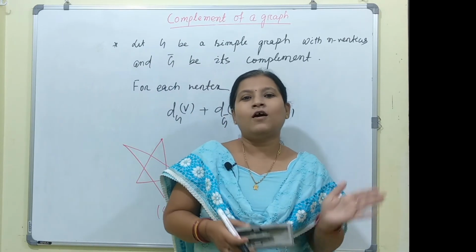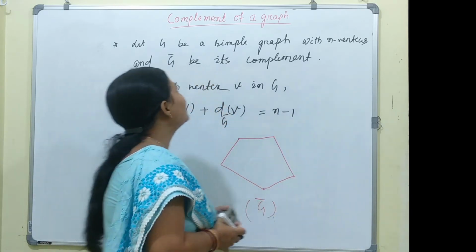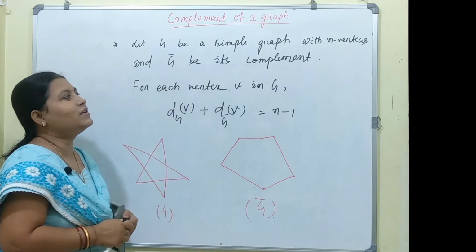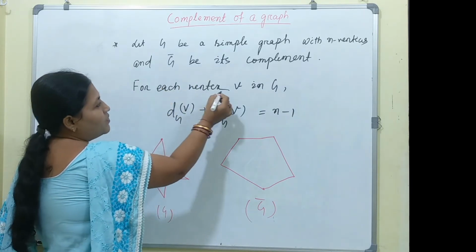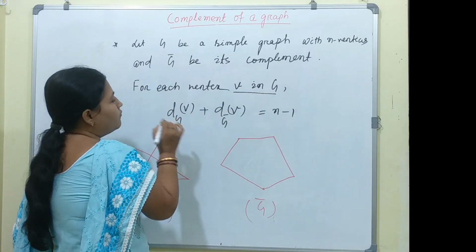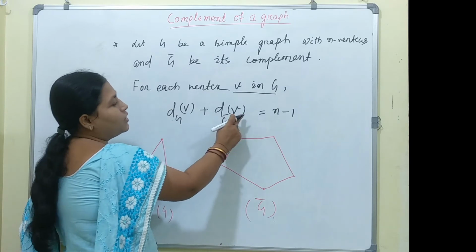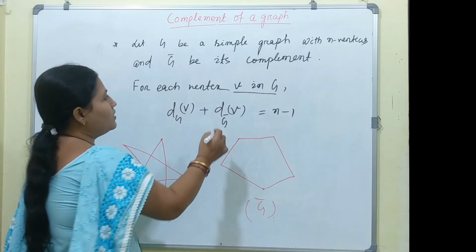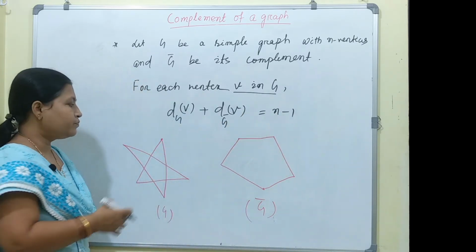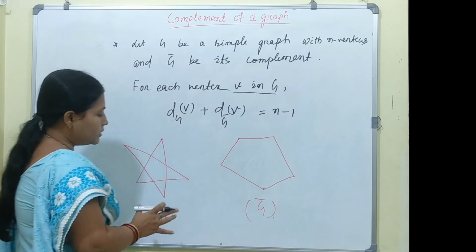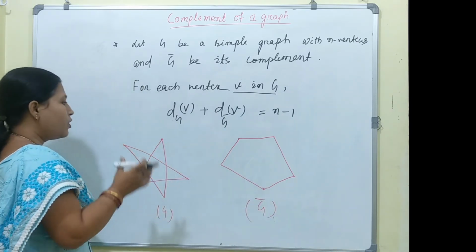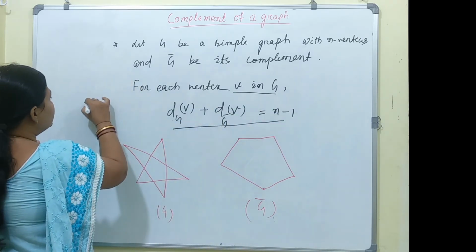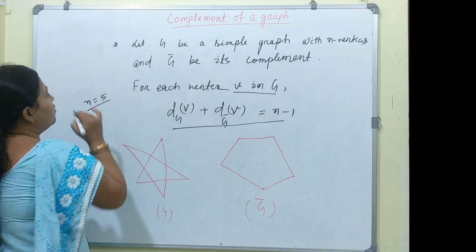Another important property of the complement of a graph: let G be a simple graph with n vertices and G bar be its complement. Then for each vertex V in G, the degree of V with respect to G plus the degree of V with respect to G bar is always n-1. Here n is the number of vertices. Taking these two graphs, G and its complement G bar, we check this rule. The number of vertices here is 5, so n is equal to 5.